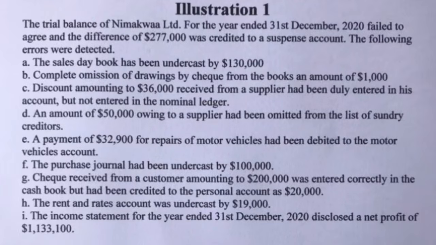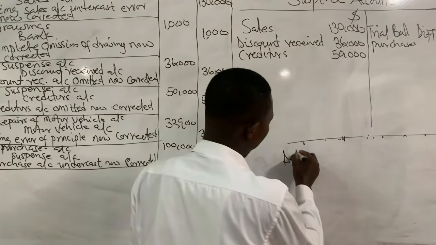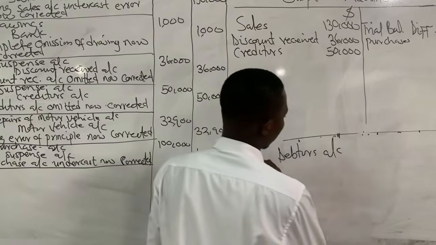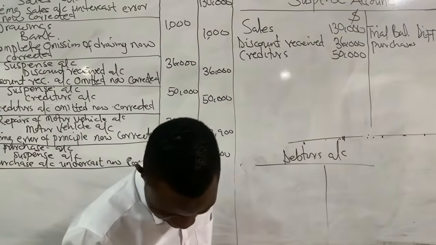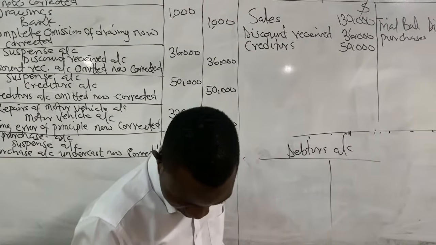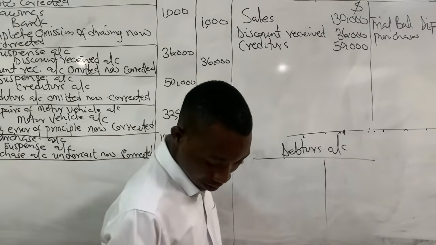Okay, we are considering the next error, which is J. A check received from a customer amounting to $200,000 was entered correctly in the cash book, but had been credited to the personal account as $20,000. The personal account here is the debtor's account or the customer's account, because they say that the entry has been made in the cash book correctly, but in the debtor's account it has been credited as $20,000.